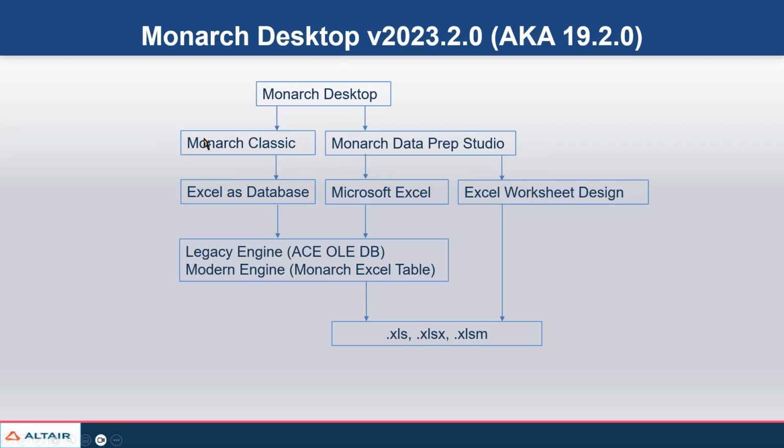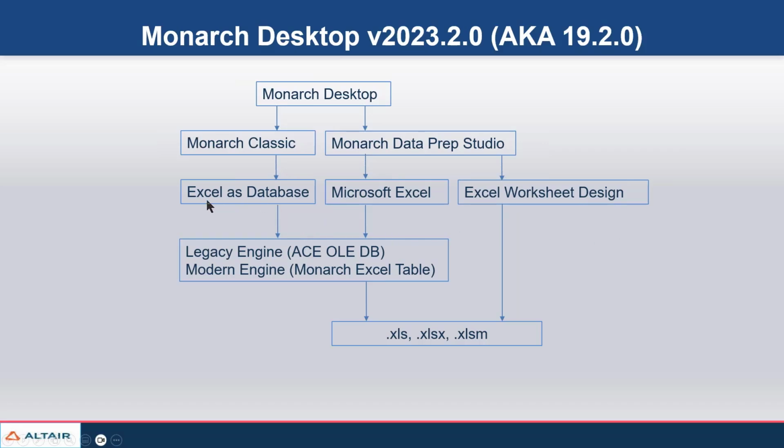In Monarch Classic, you read Excel as a database, so you have to open Excel as a database in Classic, whereas in Data Prep Studio, you select Excel spreadsheet, and then there are a couple of choices. One is Microsoft Excel, and the other is Excel Worksheet Design.